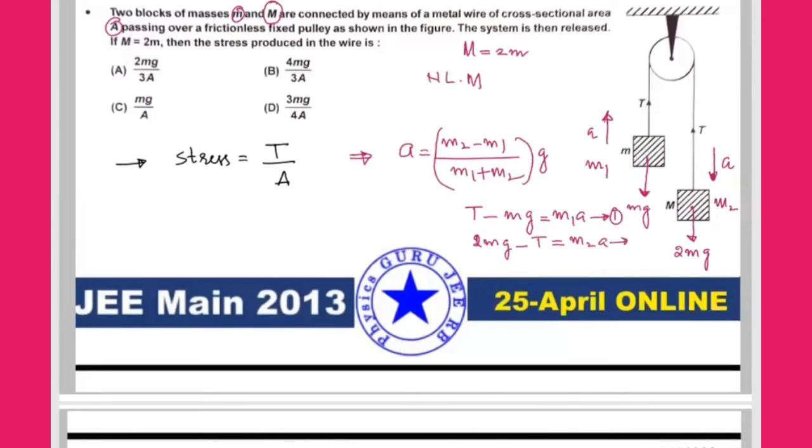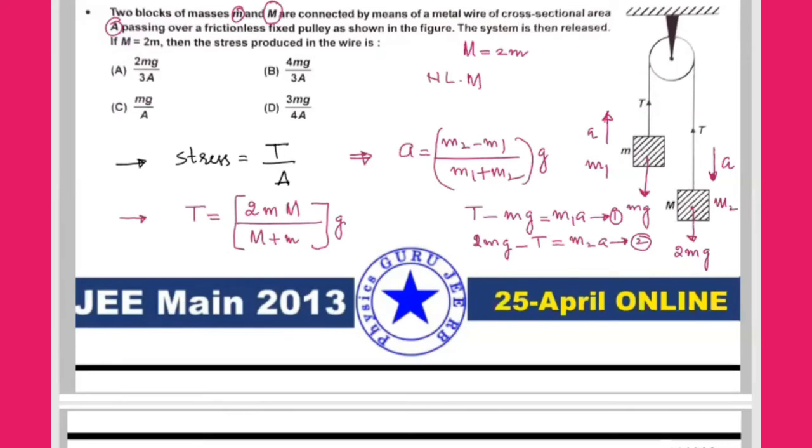Solving these two equations, we get the acceleration. Then substituting it in either equation, we get the tension in the string. Tension can be obtained as 2 m1 m2 divided by (m1 plus m2) into g, that is, 2 small m into capital M divided by (capital M plus small m) into g. This is the expression for tension.